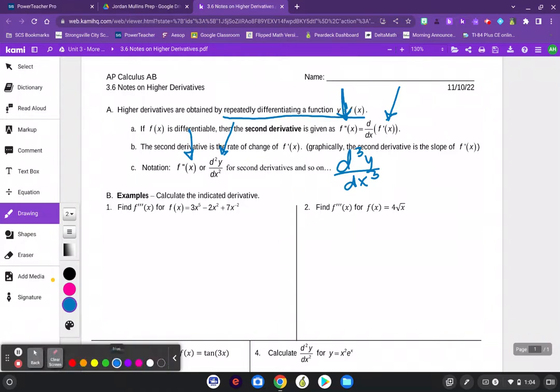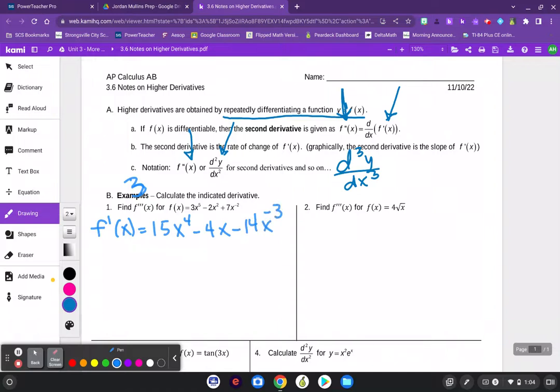I have to calculate the indicated derivative. So this means that I have to find the third derivative of this function. So I'm going to start off by saying, all right, well, the first derivative is 15x to the fourth minus 4x minus 14x to the negative 3.